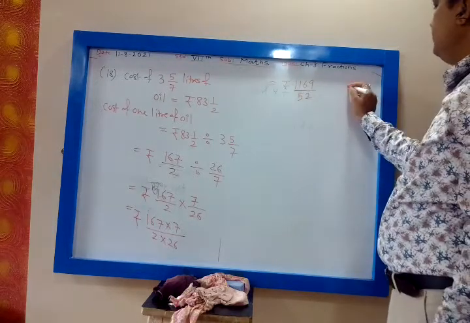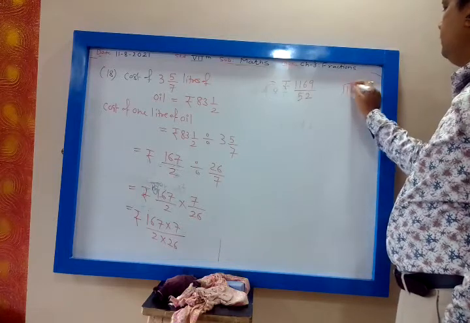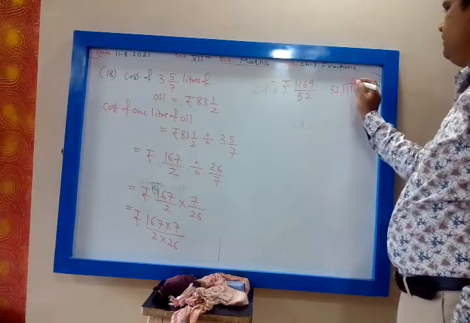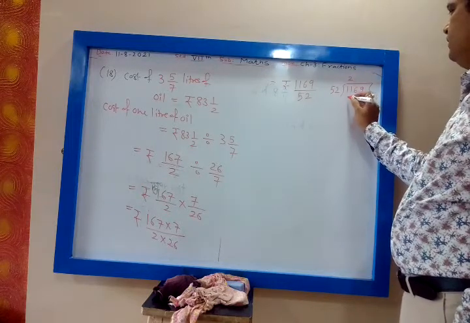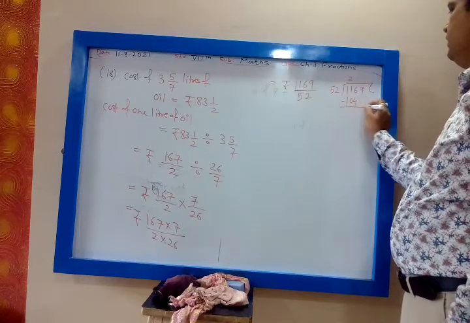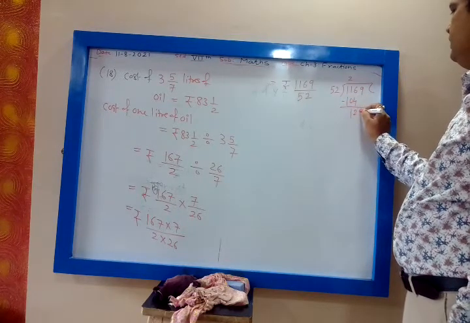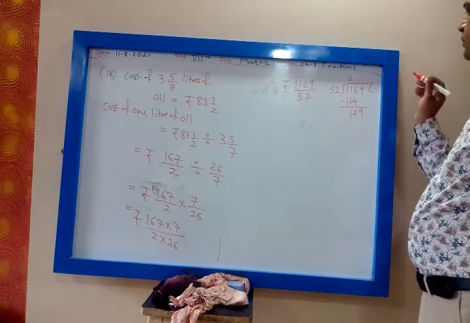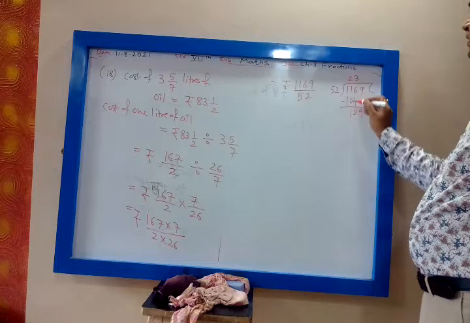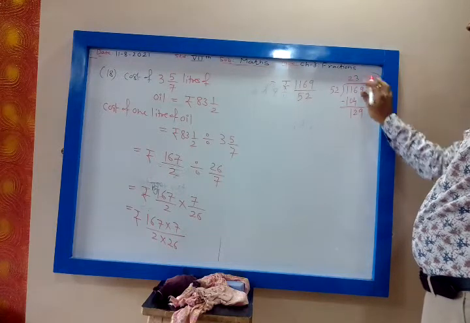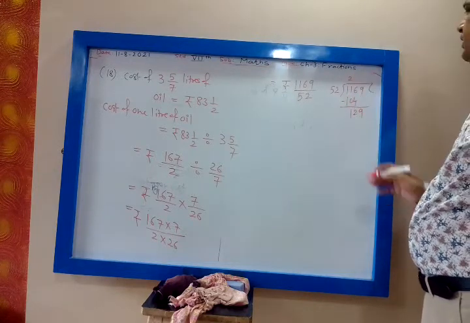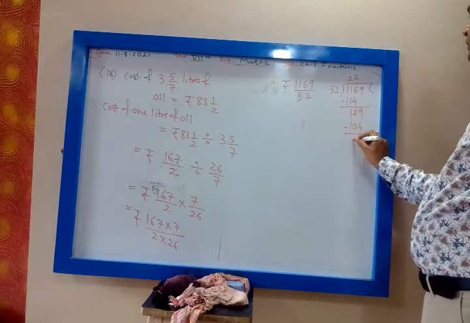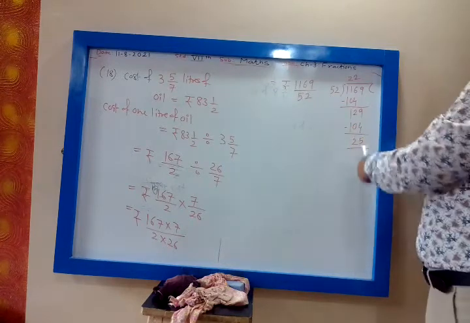So 1169 divided by 52. 52 2s are 104. Then it is 129. 52 3s are 156, it will be more. Yes. 52 2s are 104. Then it is 25. Now it is smaller. You stop there.